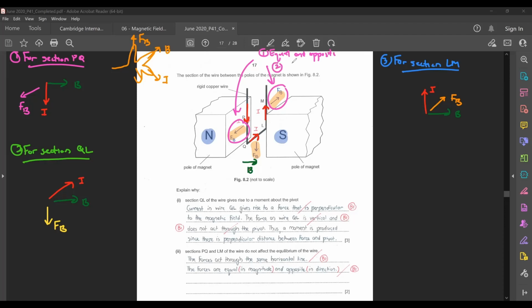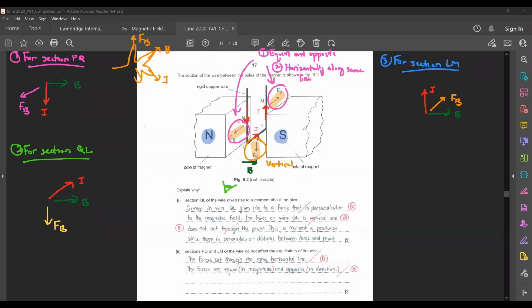And then number two, they are acting horizontally along the same line. Okay. And then as for the last force here on section QL, you could say that it's actually just a vertically acting force.